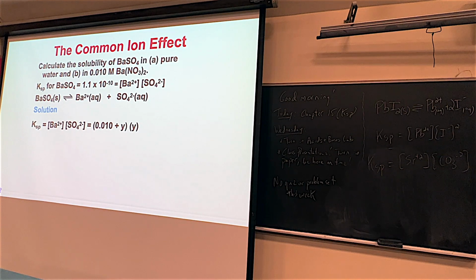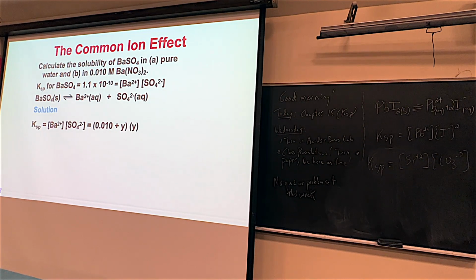Now at this point, this would be Y squared plus 0.010Y minus 1.1 times 10 to the minus 10 equals 0, a quadratic. But you've probably seen how chemists love to think about whether this amount will change this number right here.